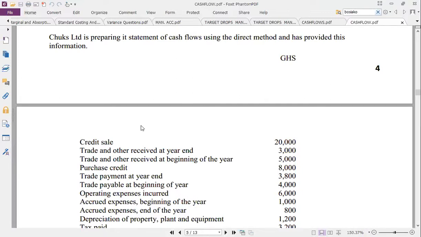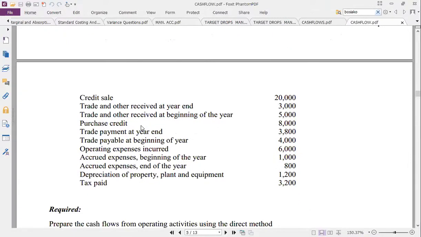Paid, not incurred. So you have to convert it. We have to do something about the incurred to get paid, because you're looking for the movement of money. So you're not going to entertain any non-cash movement.